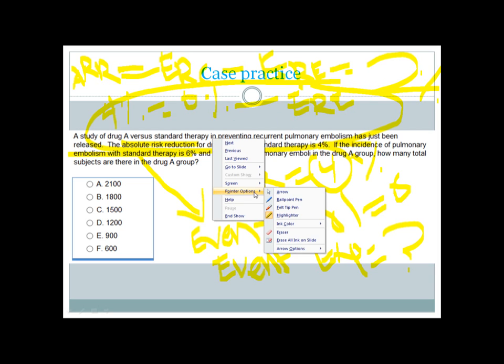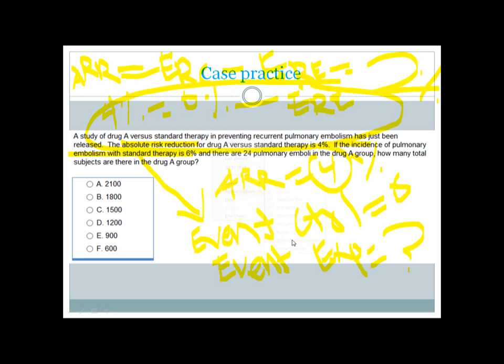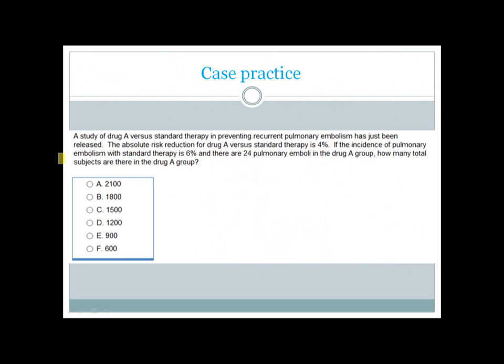Now let us use this 2% to find the total number of subjects in the drug A group. So 2% of the people in drug A group actually develop pulmonary emboli. That is the event rate in the drug A group, which I have already calculated as 2% in the exposure group.